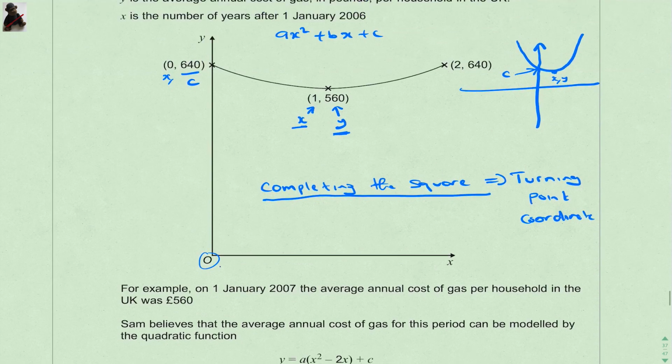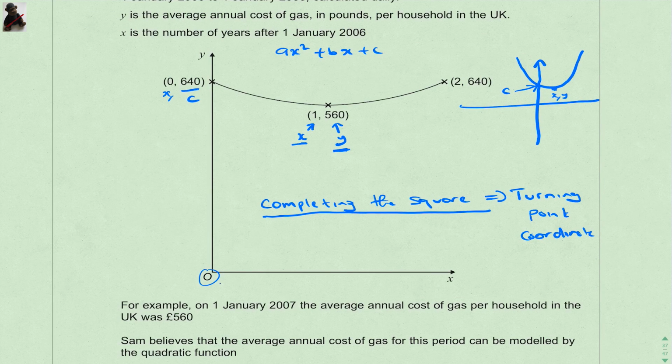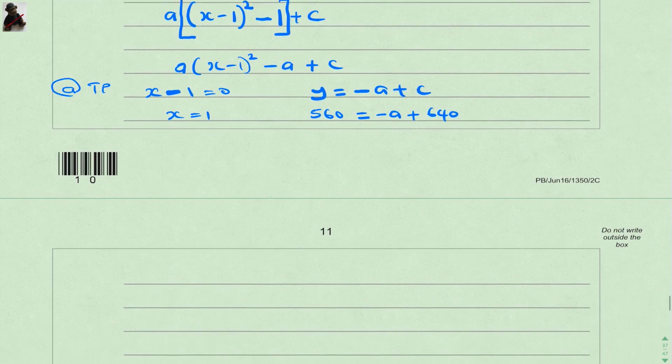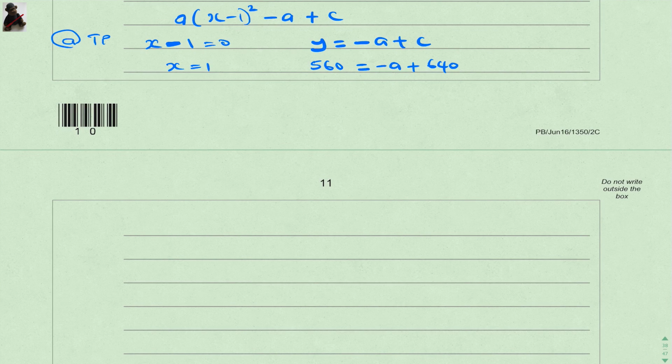And we know the value of c is 640. That's your c there, 640. So the next thing we need to do is rearrange and then find a. Let's just write it again: 560 equals minus a plus 640.